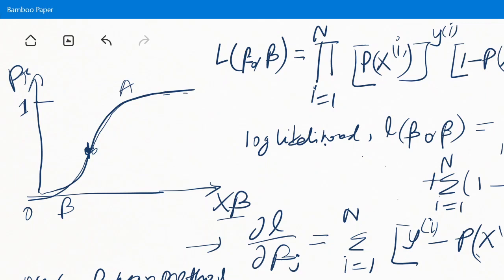This can again be written as x transpose w x inverse, then x transpose w times x beta old plus w inverse times y minus p.